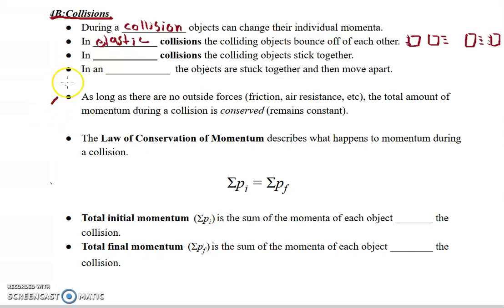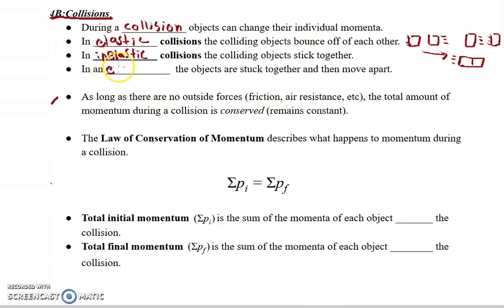So in an inelastic collision, objects are going to stick together. So they start apart like this, but instead they would end up sticking together. So that would be an example of an inelastic collision. And then the last kind of way that objects can interact would be an explosion.